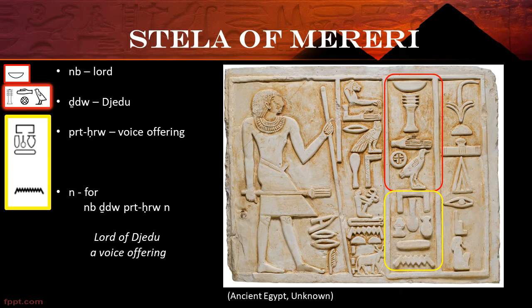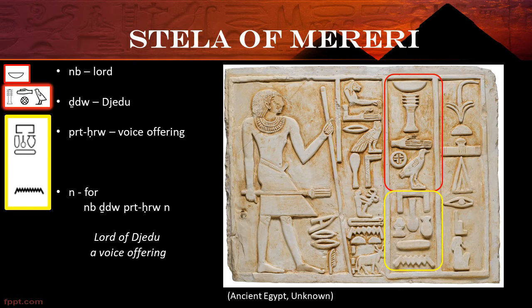The next one is the hand. That is the letter D. So we have j and d, jed. And then the quail chick, which we've seen before, is the oo sound, the W sound.